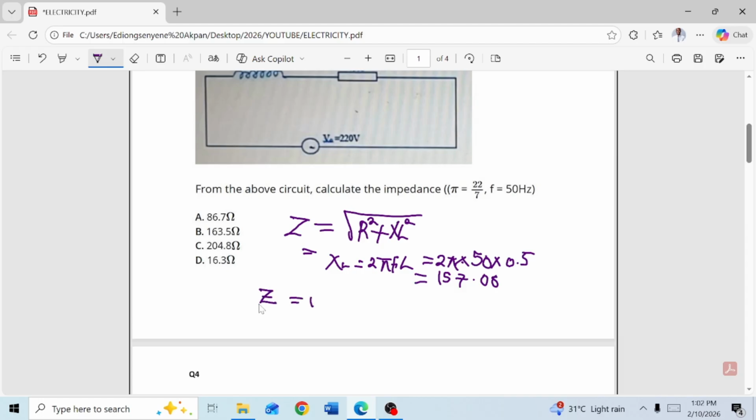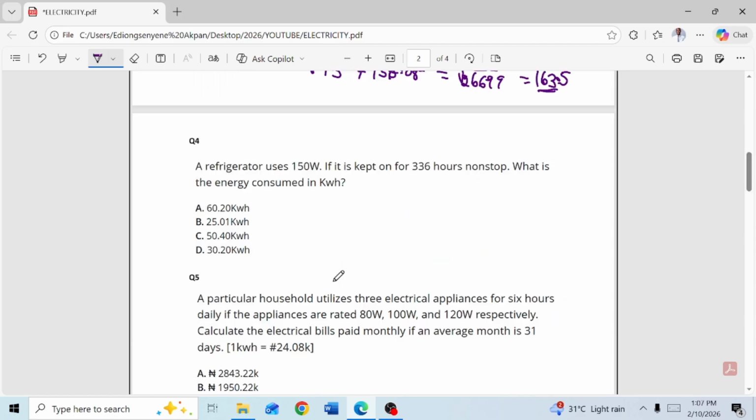Z equals the square root of the resistor, which is given to us as 45, 45 squared plus 157.08 squared. This will give us 26699, and that gives us 163.5. That is B.